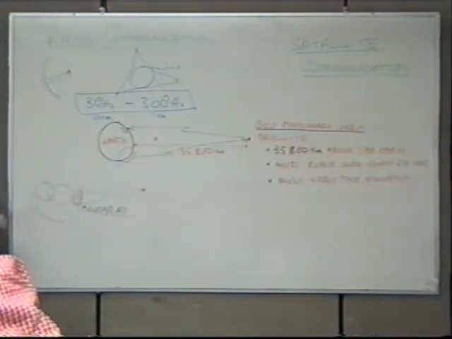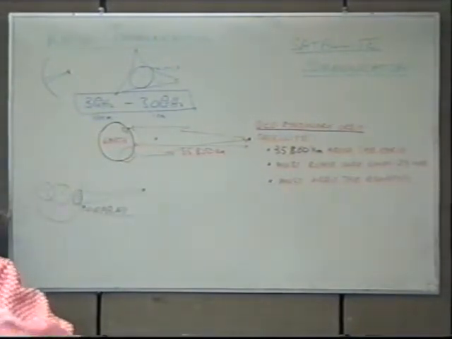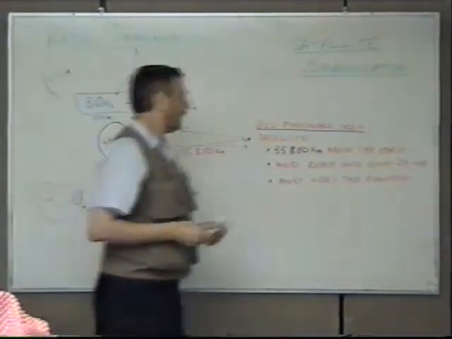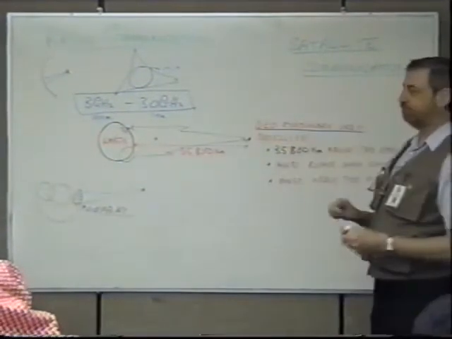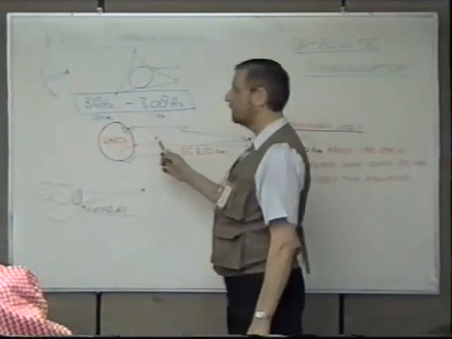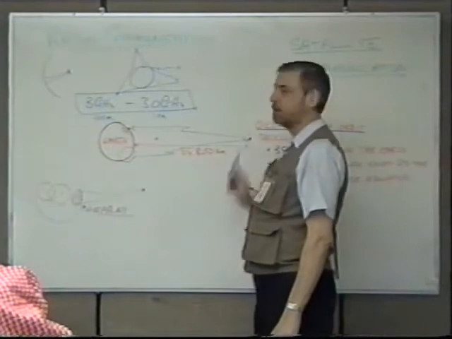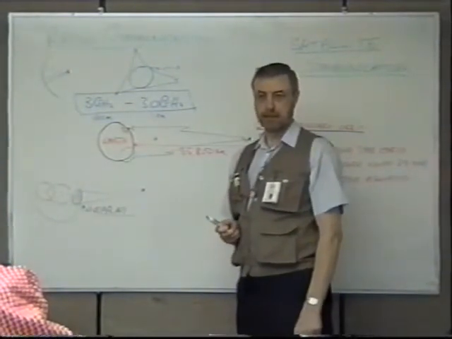However, there is one disadvantage with using the geostationary satellite for telephone calls. One big disadvantage, actually. And that is time. I want to talk about the time it takes a radio wave to get from the transmitter to the satellite.